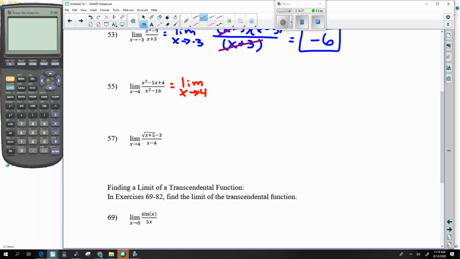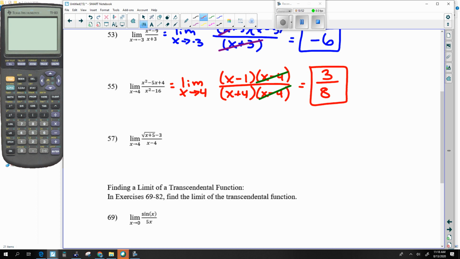I think we all took Algebra 2, right? Number 57 is a little bit confusing.